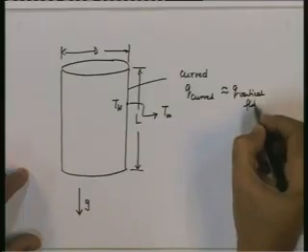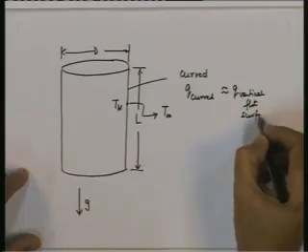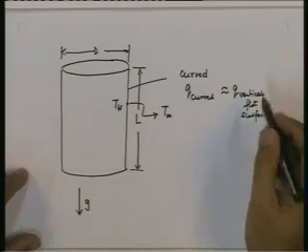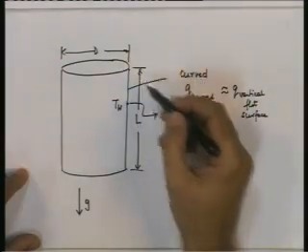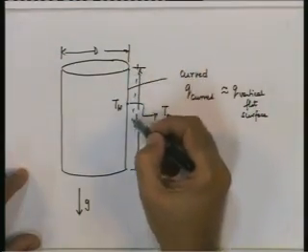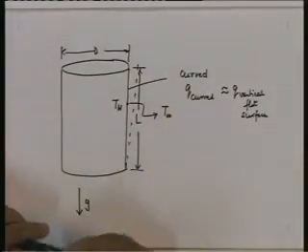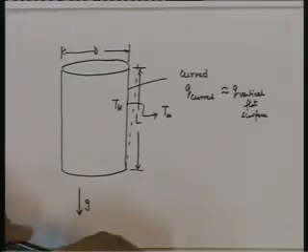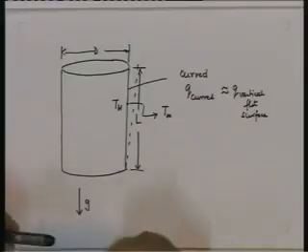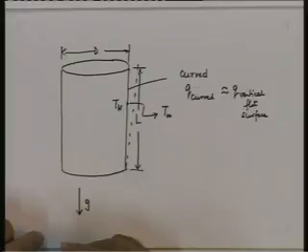vertical flat surface, provided the diameter d is large compared to the thickness of the boundary layer. The thickness of the boundary layer in natural convection is usually of the order of a few millimeters, not more than that.